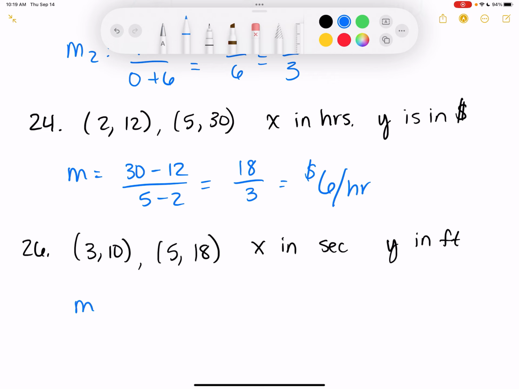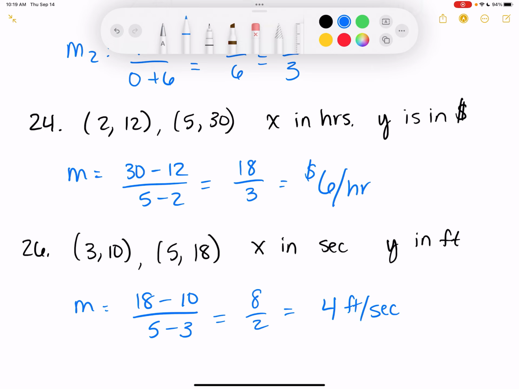So we've got 18 minus 10 over 5 minus 3. So 8 over 2 or 4. So units are feet per second.